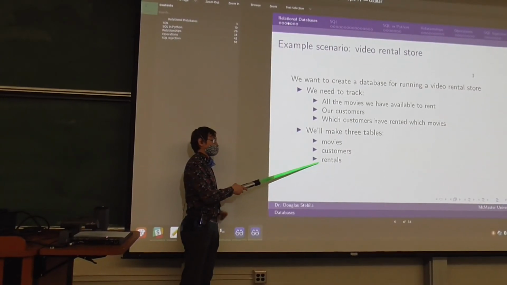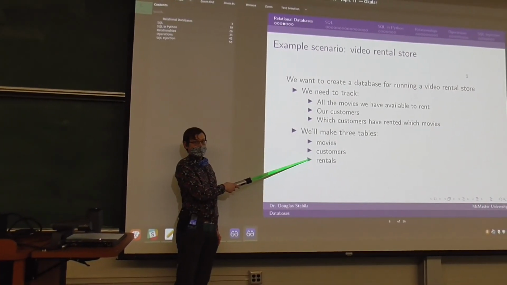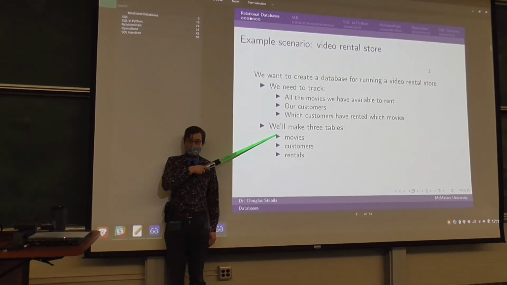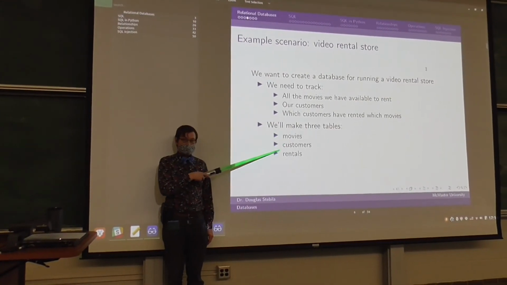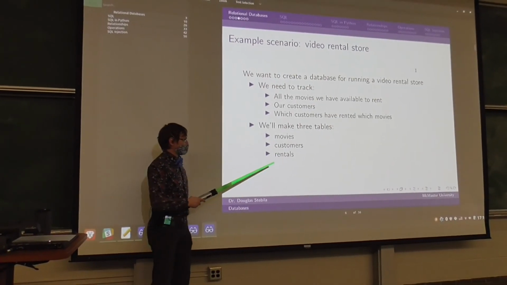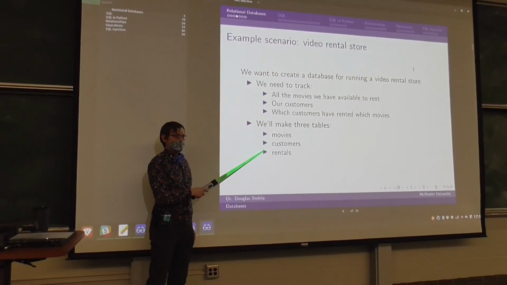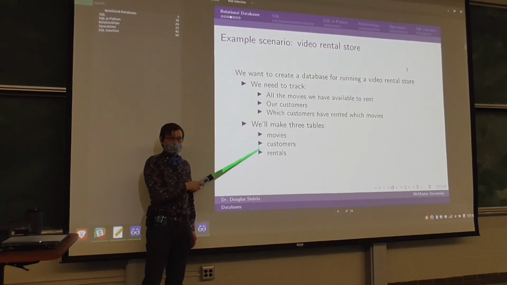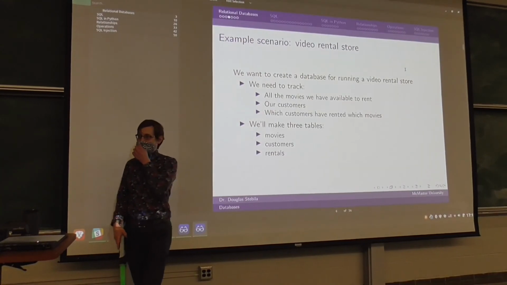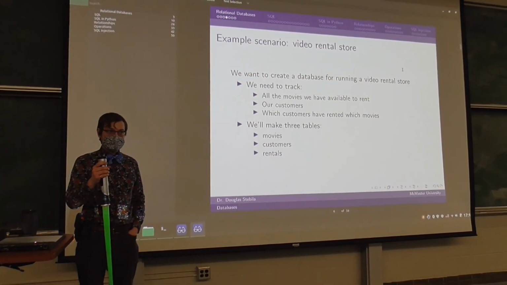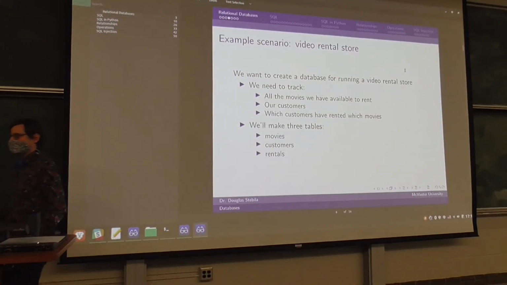The purpose of the rentals table is to relate entries in the movies table to entries in the customers table. That is to say, the rentals table is a relation from movies to customers or vice versa. That is why it's called relational databases, right?